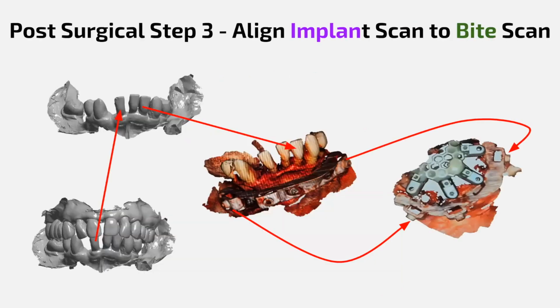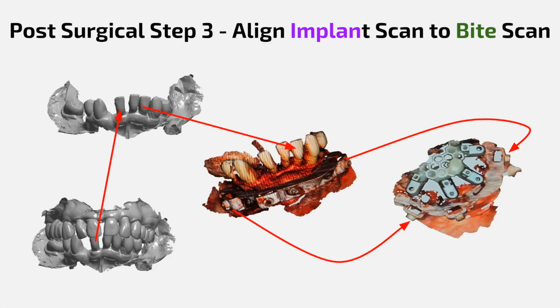And in order to align the implant scan to the bite, we're going to align the pre-op scan of the patient's teeth to the intraoral scan of the teeth and the fiducial marker. In this case, the fiducial marker was the bone reduction guide.